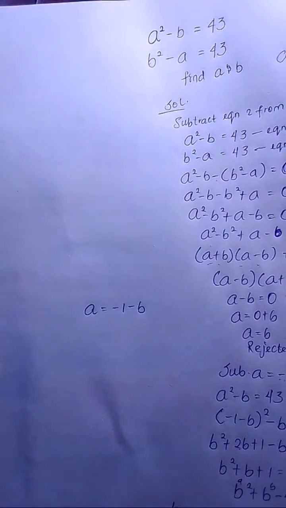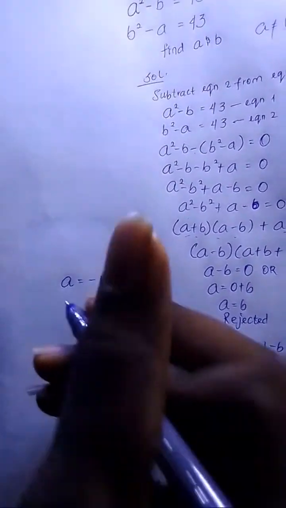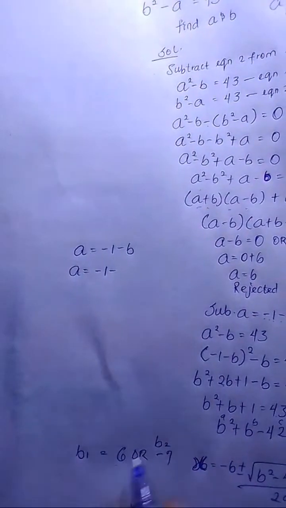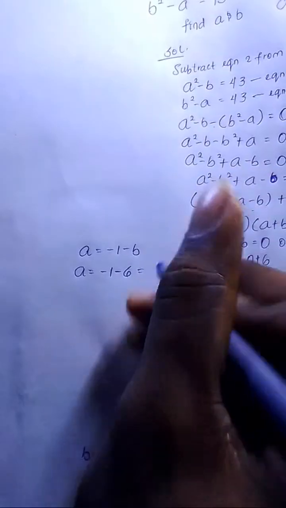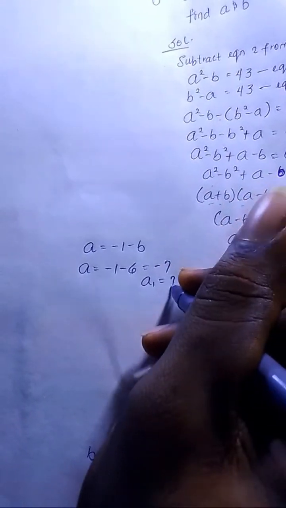So for B1, let's use B1. A equals minus 1 minus B1, which is 6. So A equals minus 1 minus 6, which is minus 7. So A1 equals minus 7.